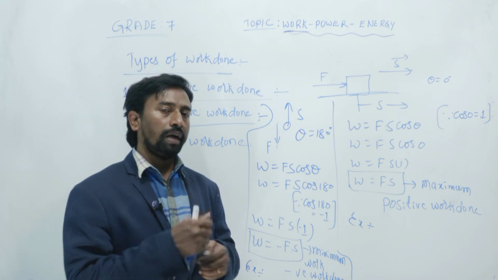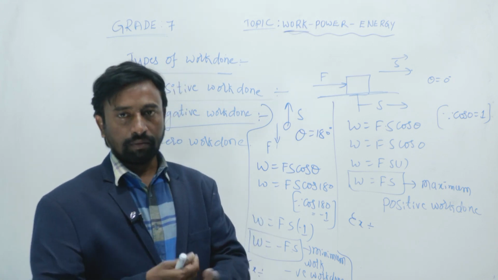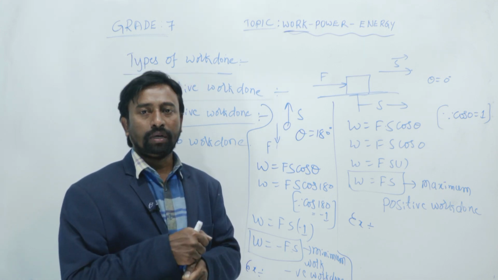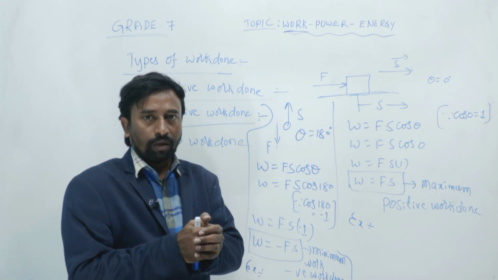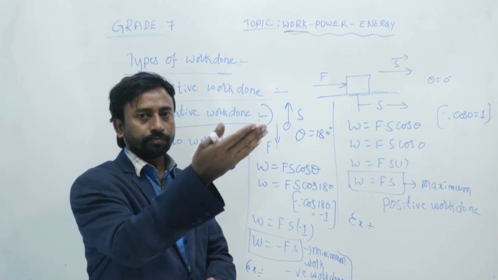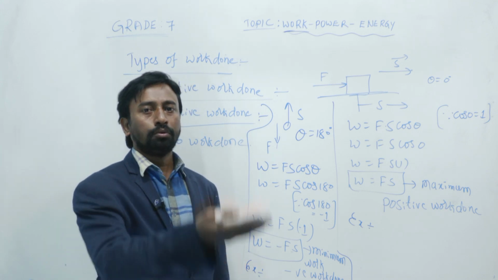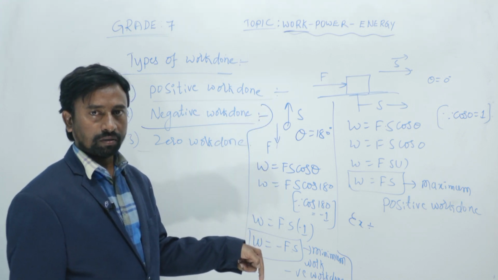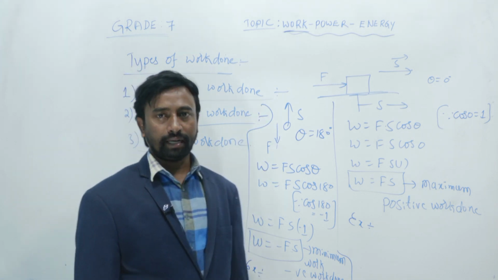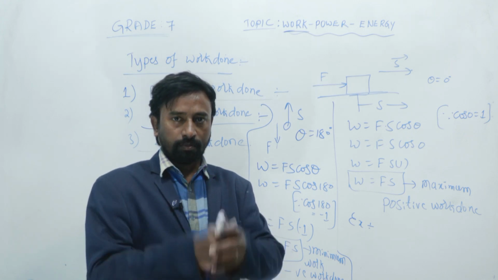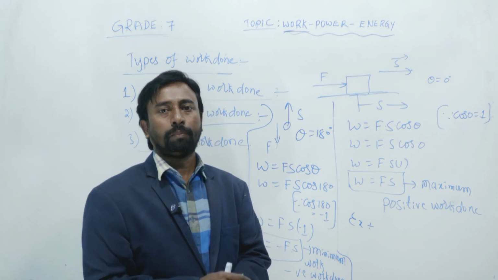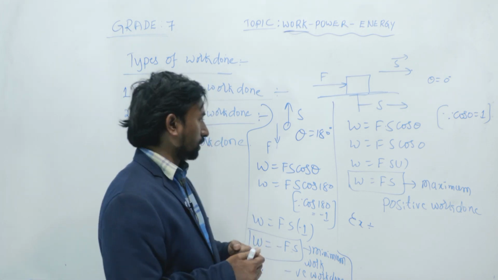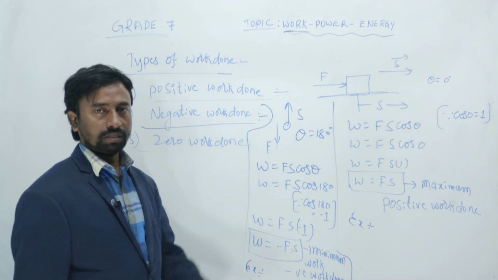The bucket is placed deep into the water, and while pulling, we pull the rope down and the bucket with water moves up. So displacement is in the opposite direction and force is in the downward direction. Even in the case of a crane, the tensile force is in the downward direction and the displacement is in the upward direction, to take the body from certain depths. Okay, so these are all examples of negative work done.